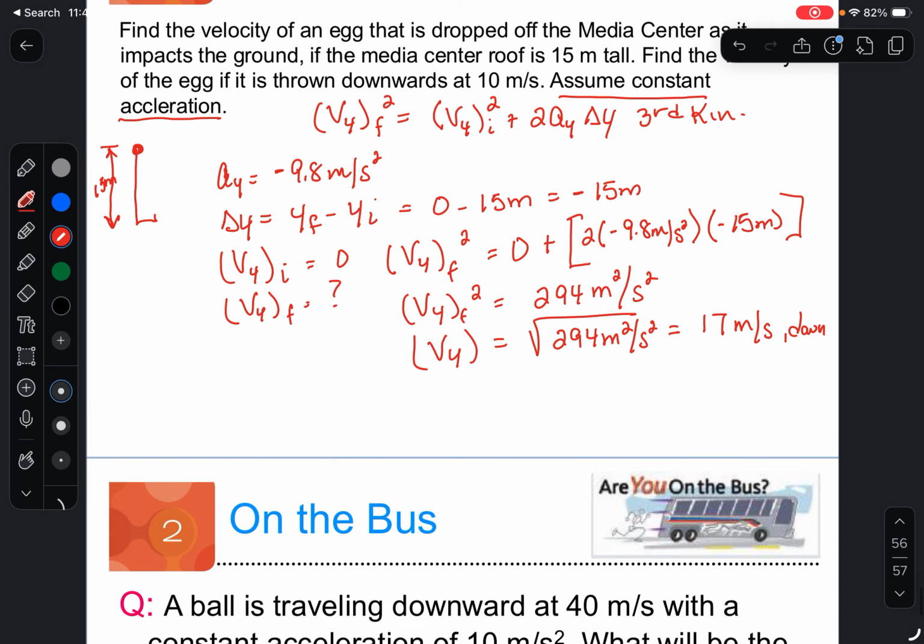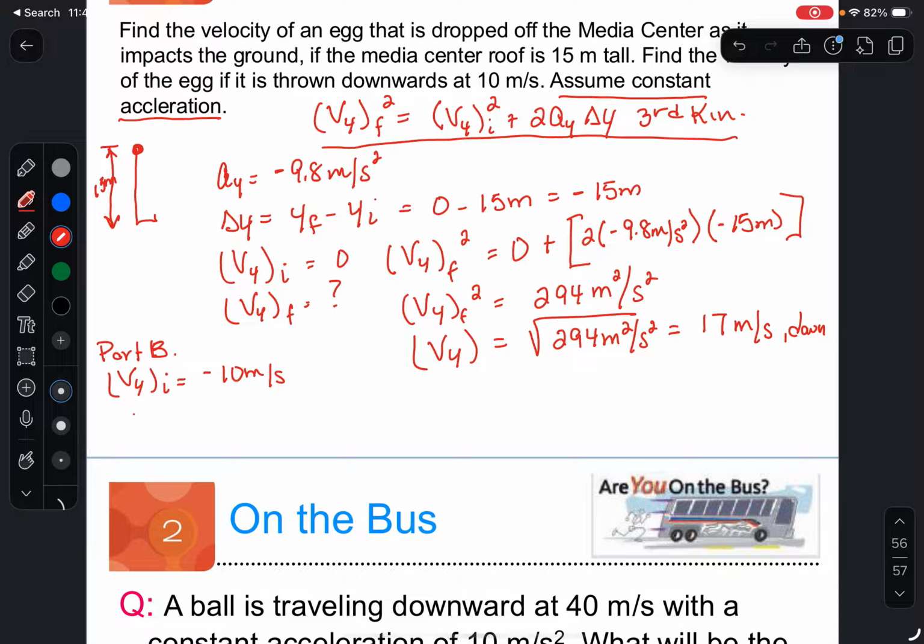Now in part B, we're using the same third kinematic equation. We're also looking for Vy final, but now we're throwing it downward at 10 meters per second. So for part B, our initial velocity is now going to be negative 10 meters per second.